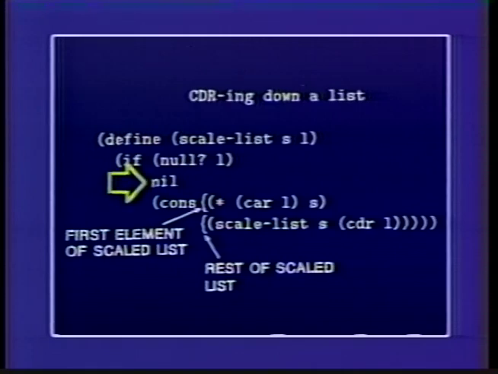Otherwise, I cons together the result of doing what I'm going to do to the first element in the list, namely taking the car of L and multiplying it by S. And I cons that onto, recursively, scaling the rest of the list.